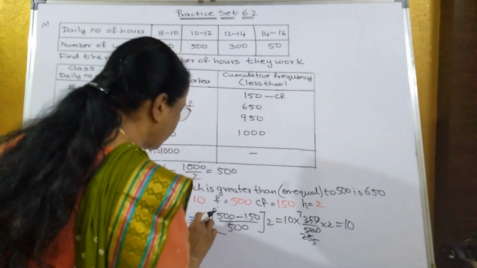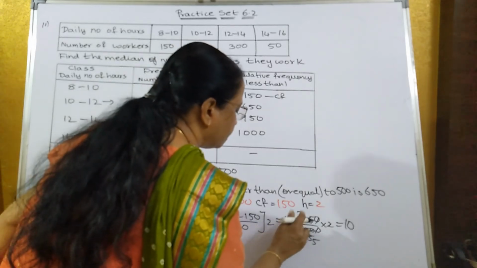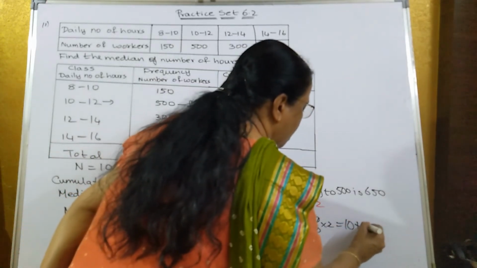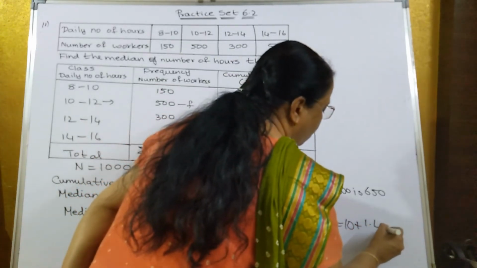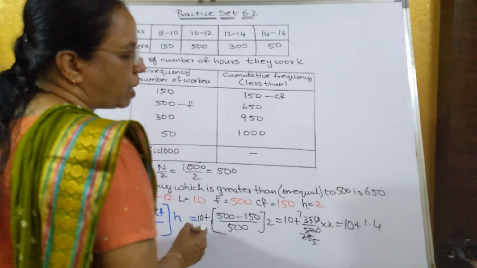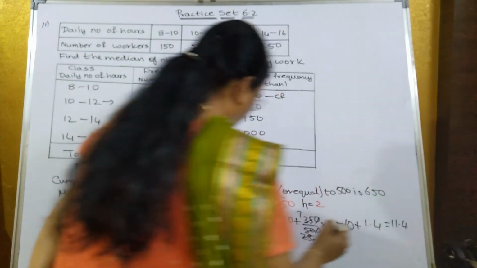So that is equal to 10, it is plus over here, 10 plus, not into, plus. So 10 plus 1.4, which is equal to 11.4.